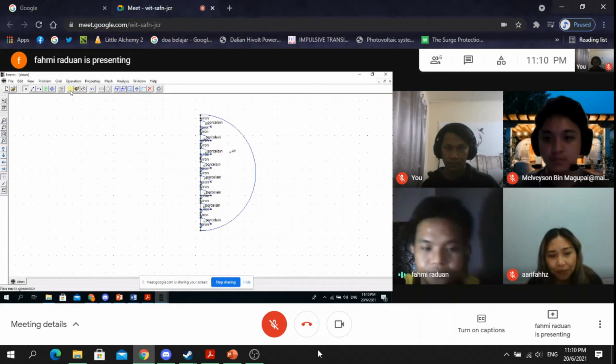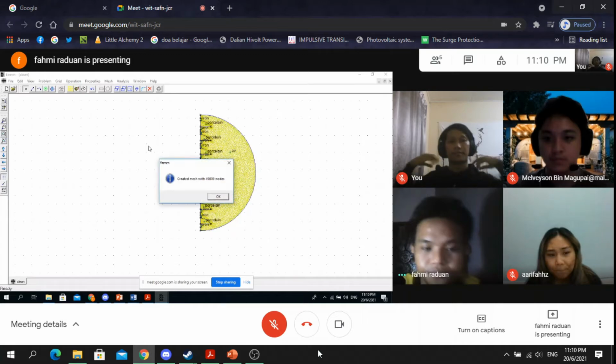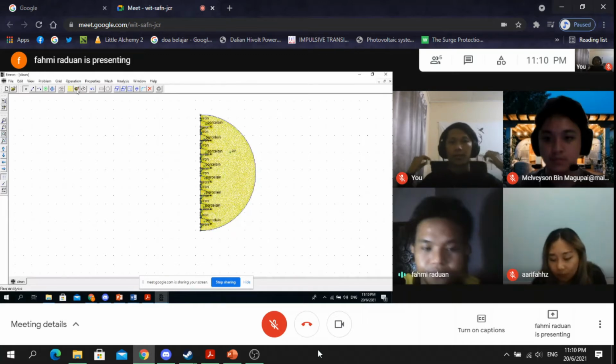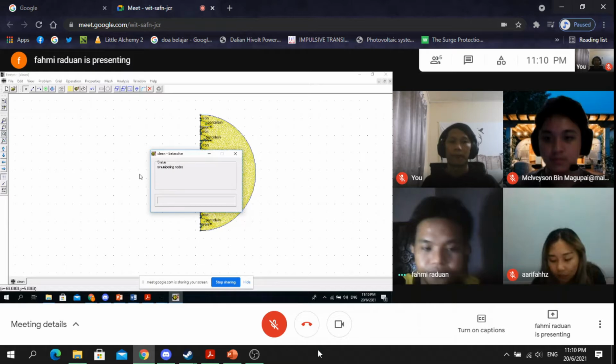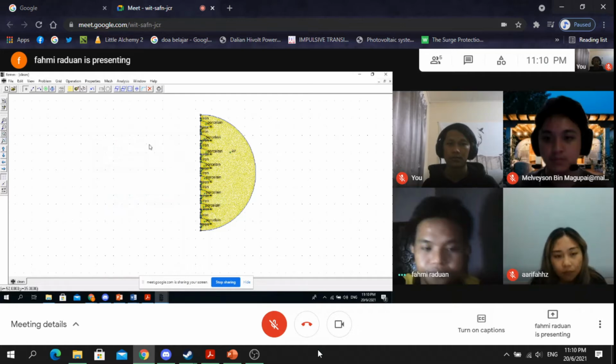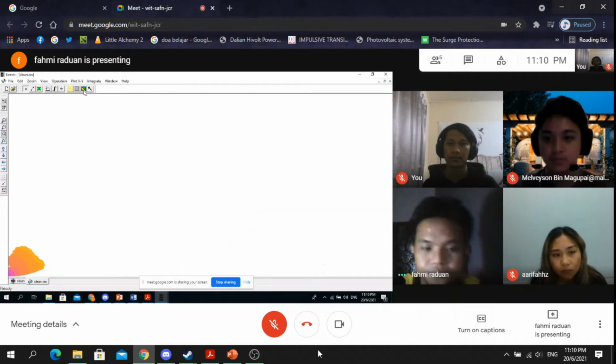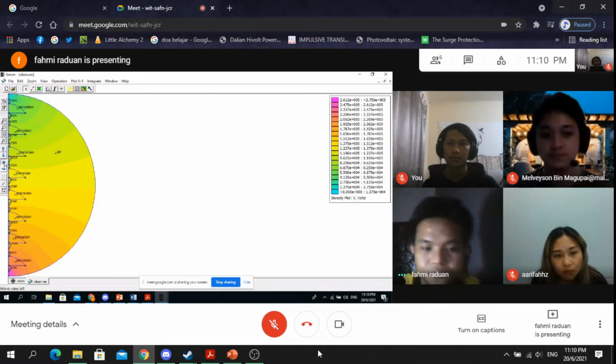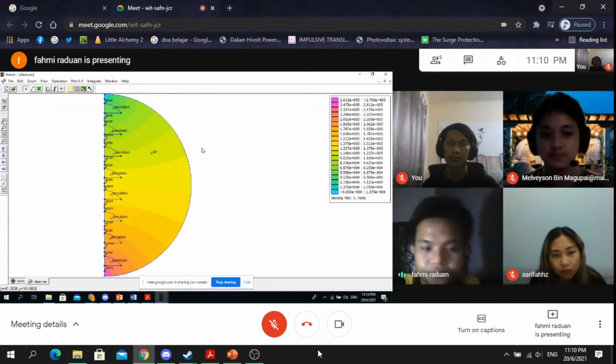So first we have to mesh, then we have to solve. Next, after solving, we can see the voltage distribution.